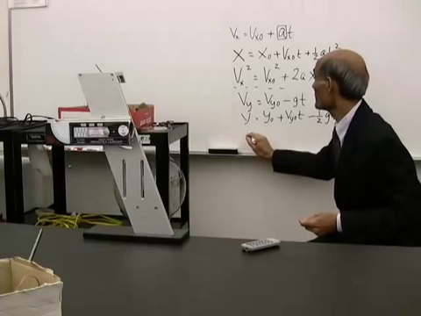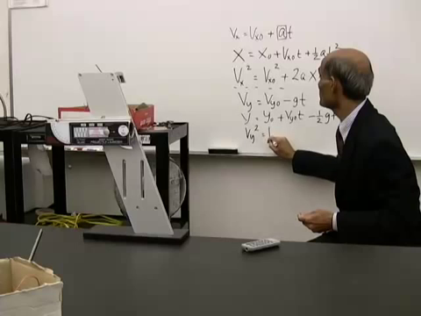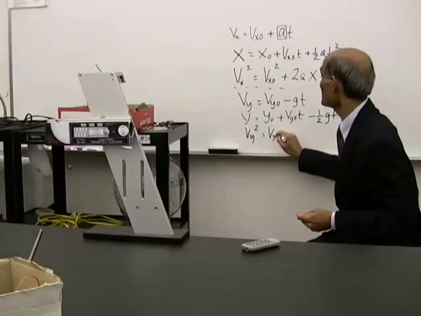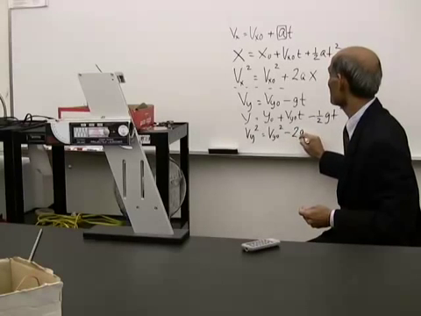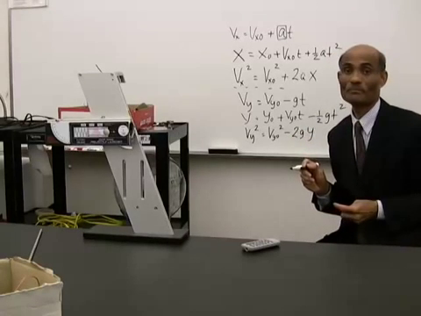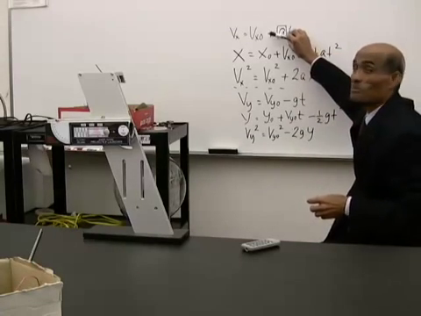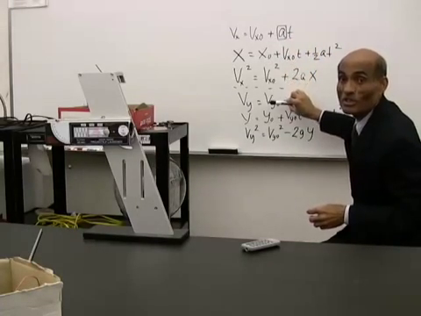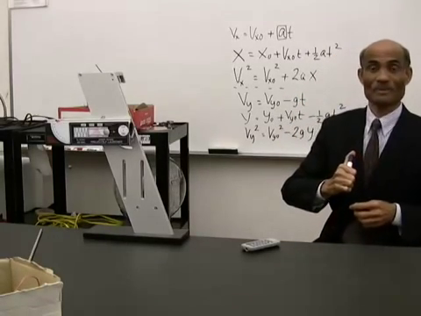And finally, Vy squared equals Vy0 squared minus 2gy. So these are the equations. This is specifically for x motion and this is specifically for y motion.